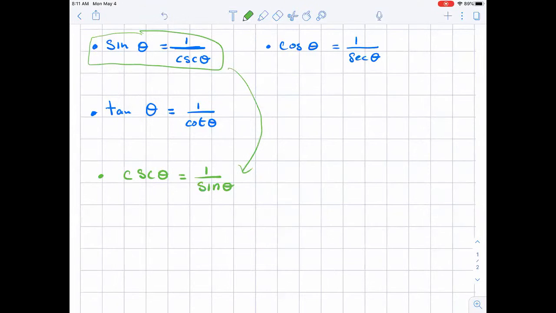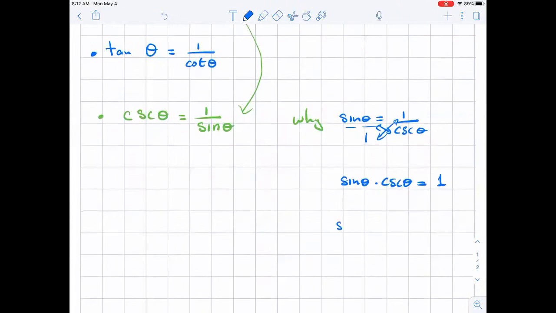Okay? Why? Because if we say that sine of theta is equal to 1 over cosecant of theta, if you put this over 1 and you cross multiply, you will get sine theta times cosecant theta is equal to 1.